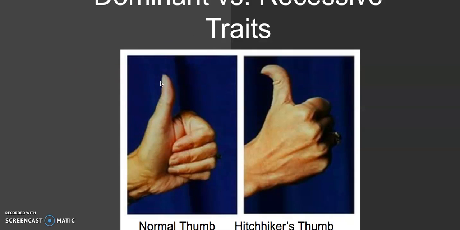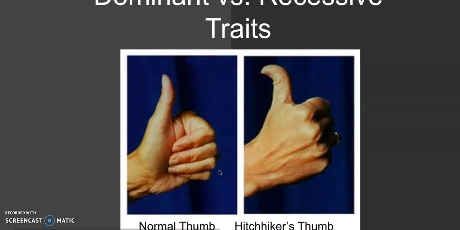A normal thumb, a straight thumb like this, is a dominant trait. That means that if someone inherits both a copy of a normal thumb from one parent and a copy of a hitchhiker's thumb from another parent, then the normal thumb will mask or dominate over the hitchhiker's thumb, and their progeny would have this normal thumb.